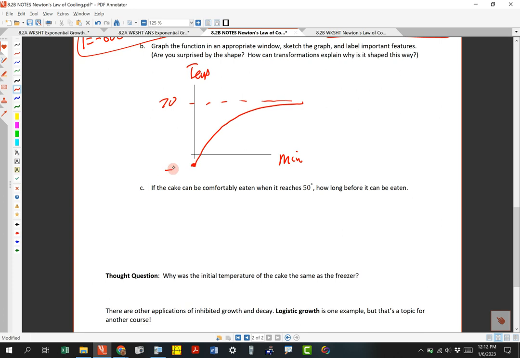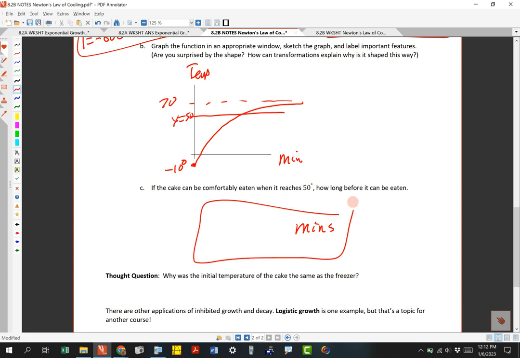Why does mine look so goofy? Why is yours below the axis? Because it's meant to be. It's supposed to start below. It's warming up. Okay, here we go. This is what mine looks like.